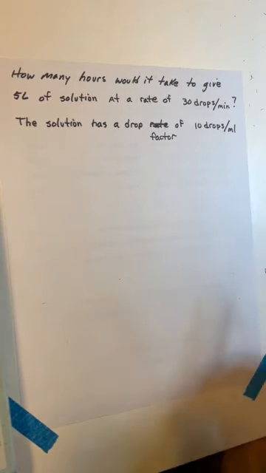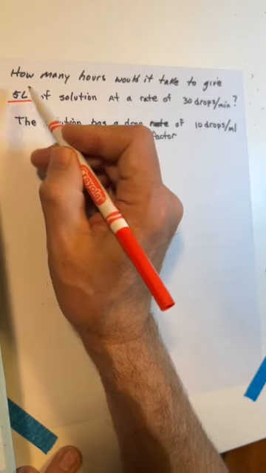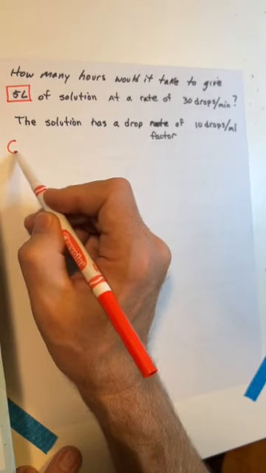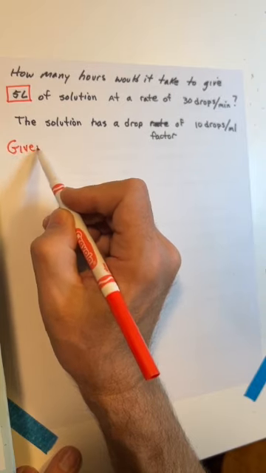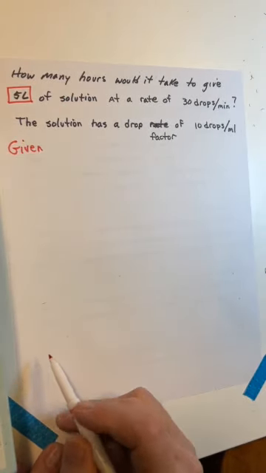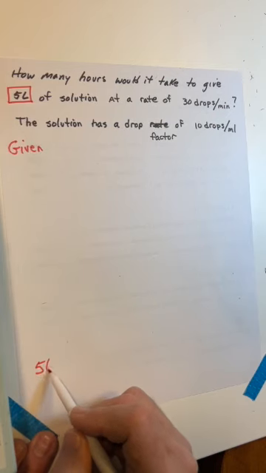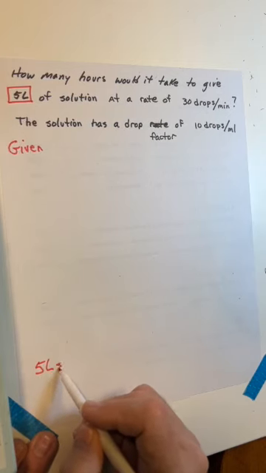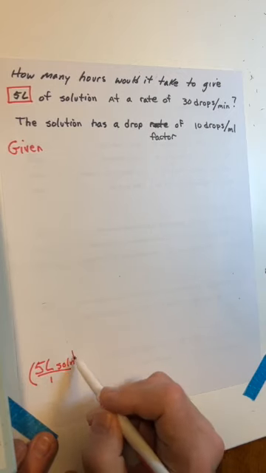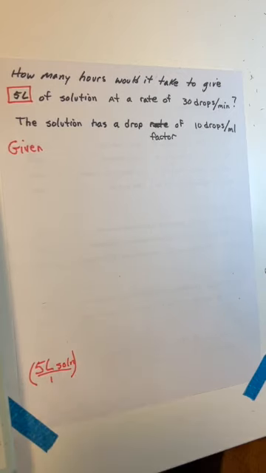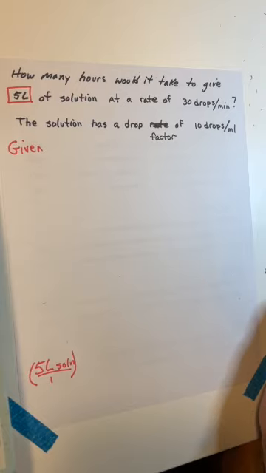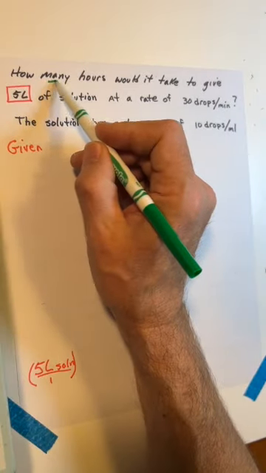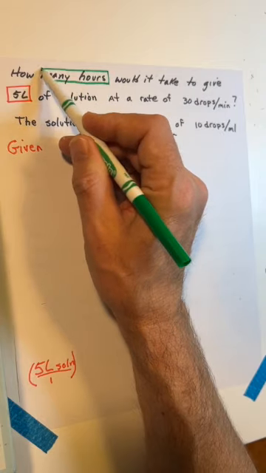So let's identify some stuff here. This right here is your given, and it goes right here. And we put it as a fraction over 1 because it's a big multiplication problem. And then the question is, they want to know how many hours.